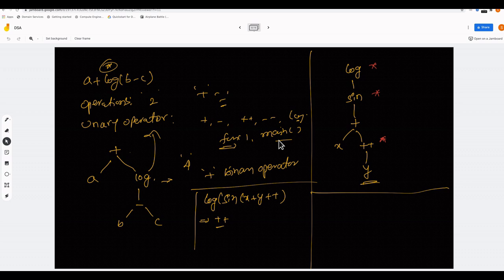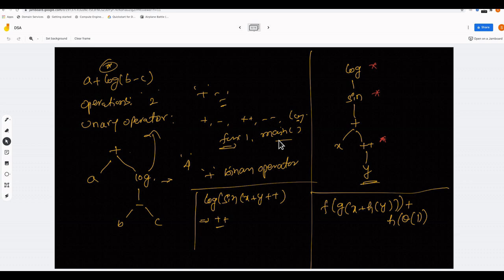Everybody's ready, I hope. It's f of g of x plus h of y, and plus h of theta of 1.